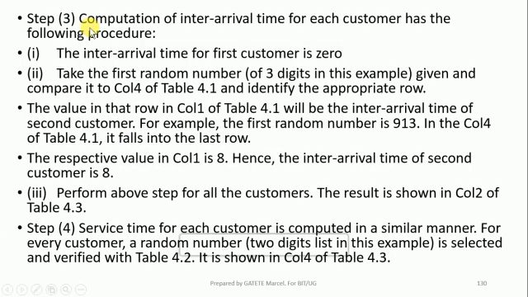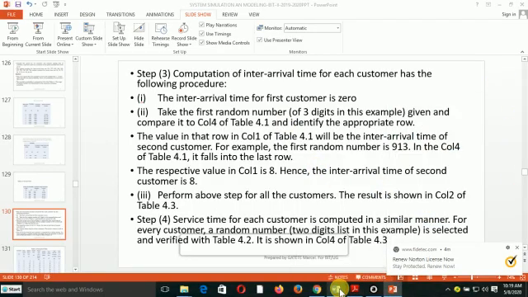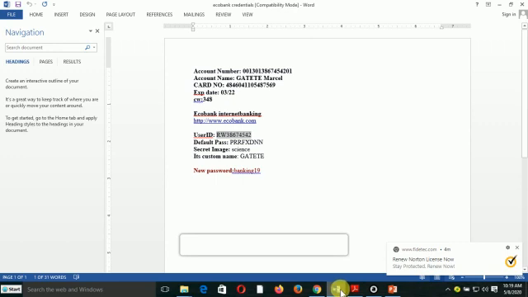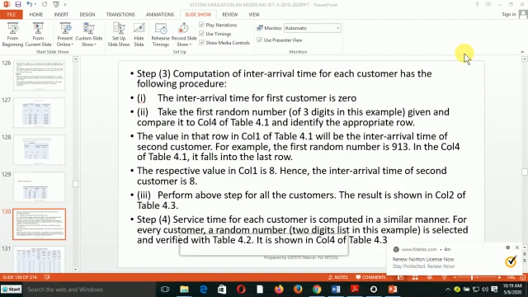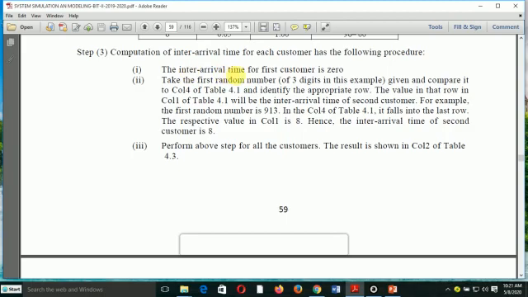What will be step 3? We are going to compute the inter-arrival time for each customer, following this procedure. The inter-arrival time for the first customer is 0.